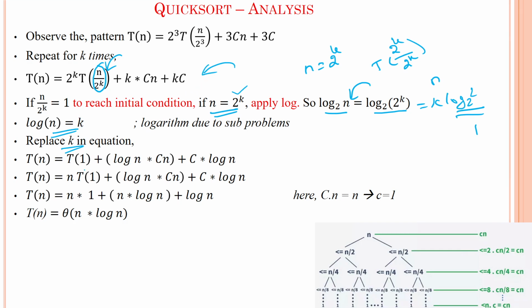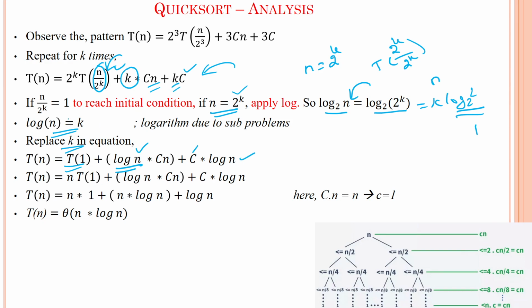So now when you are substituting, you will get t of 1 here. Then here you will get log n in the place of k. In the place of k, you are substituting log n, then into cn, then plus c times log n, with k equal to log n.